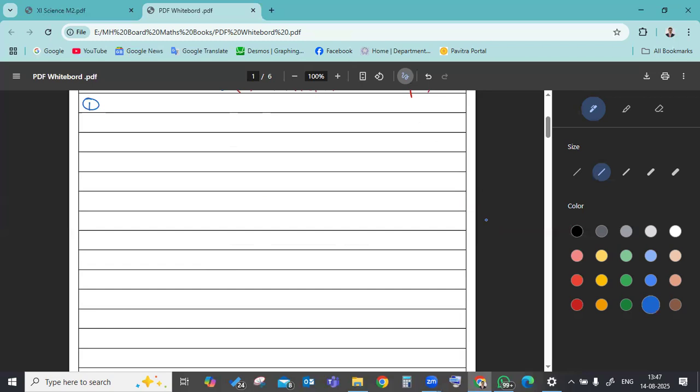First, scalar multiplication. Okay. Now let's say Z is equal to A plus iB is a complex number where A, B are real numbers. i is equal to square root of minus 1 is an imaginary number. Okay.